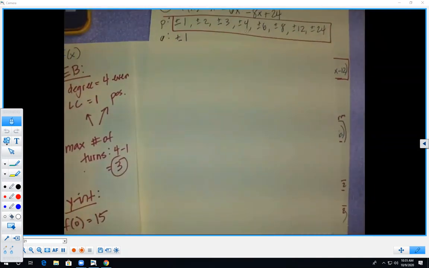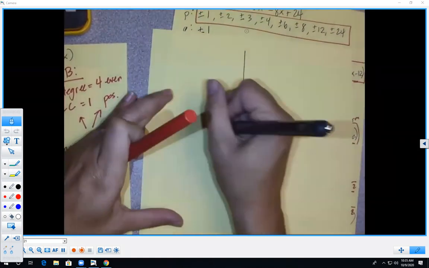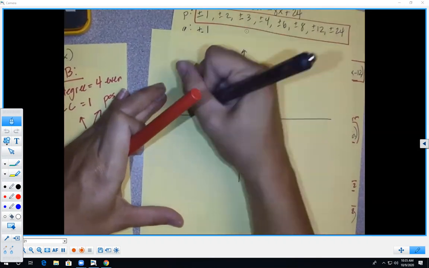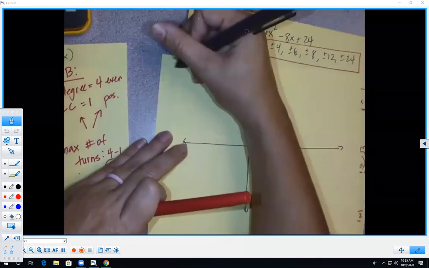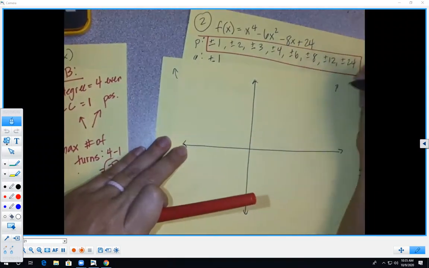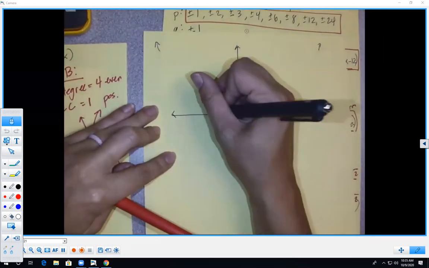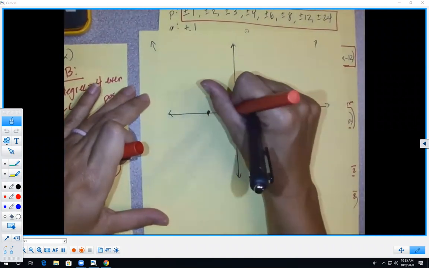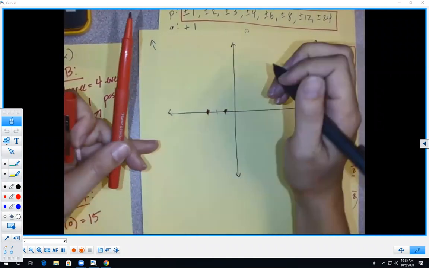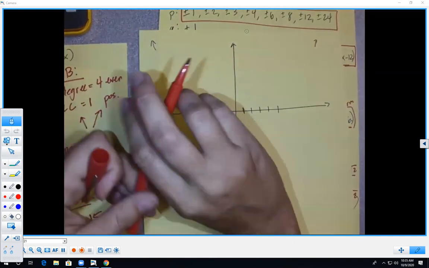So let me get my other pen real fast. Okay, in behavior, I know it's going to end up going this way and this way. Okay, my solutions are -3. So 1, 2, 3. I have a dot there. -1, I have a dot there. 1 and 2, 3, 4, 5.